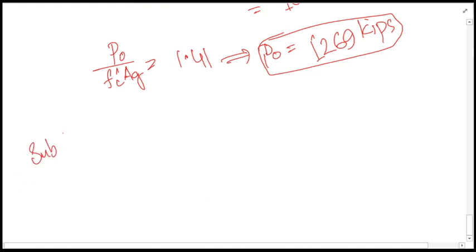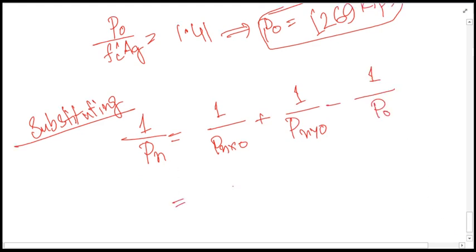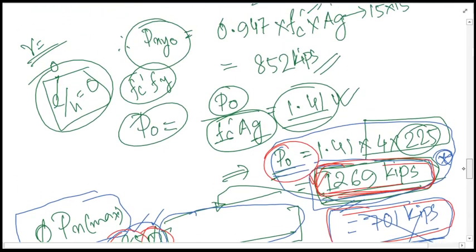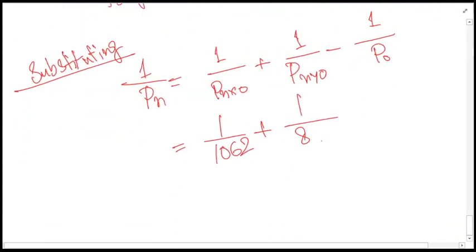If we substitute the values in the reciprocal method, the nominal capacity of the column is equal to 1 by Pnx naught plus 1 by Pny naught minus 1 by P naught. 1 by Pnx naught we have calculated just now, 1062, plus Pny naught about the y-axis we have calculated as 852, as you can see here. And P naught is 1269 as it is.